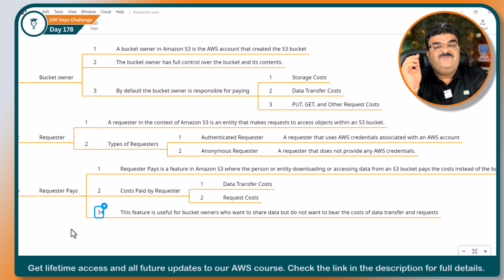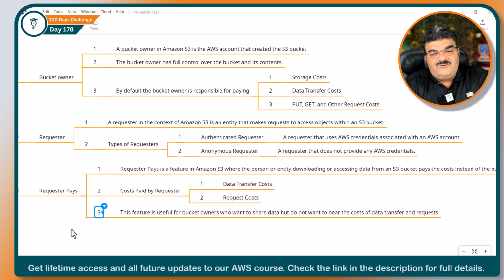Let's say there is one university. The university has research data in terabytes, and the university wants to share this data with other people or with students. The university will say that we are a non-profit organization. We don't want any money from you.